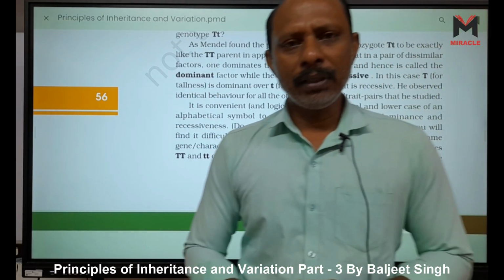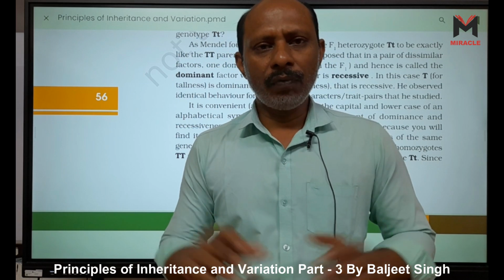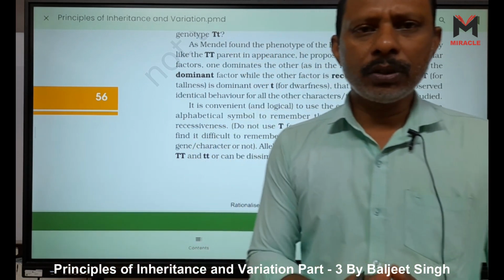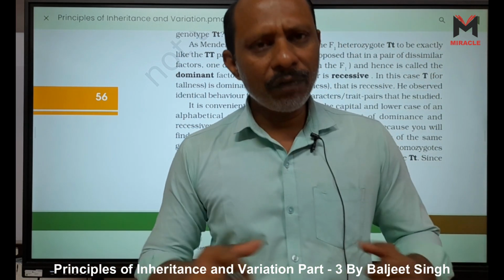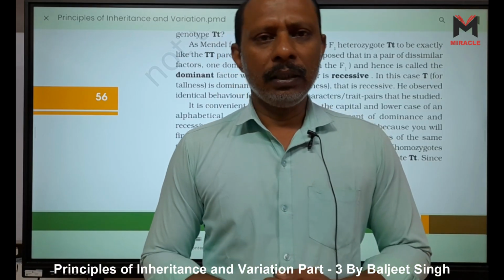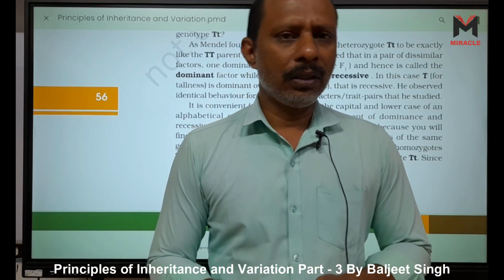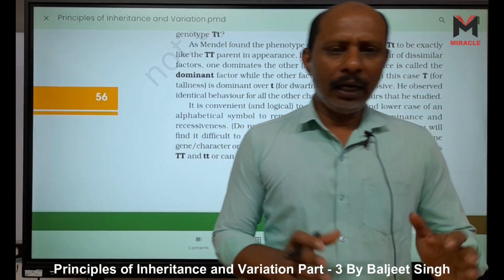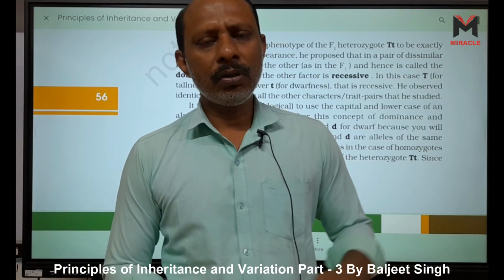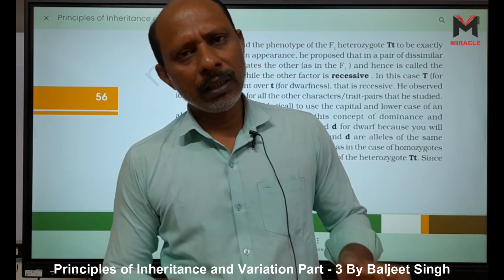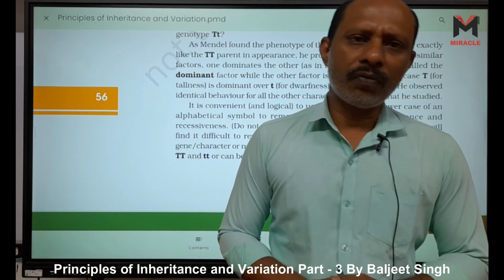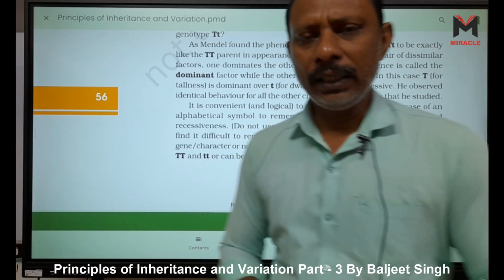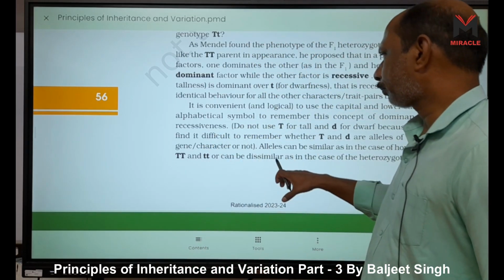He simply observed that in F1 generation, when we cross two opposite or contrasting traits, only one is expressed and the other is not expressed. The trait that is expressed is called the dominant trait, and the one that is not expressed is called the recessive trait. This law is called the law of dominance. This is the first law of inheritance, Mendel's first law.